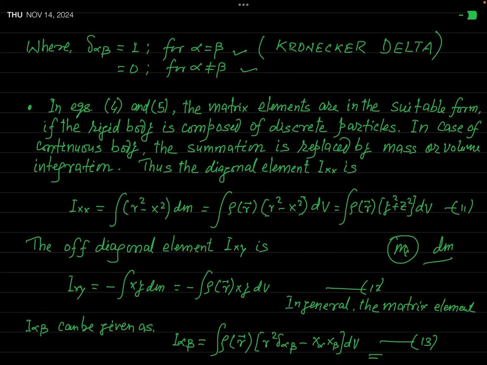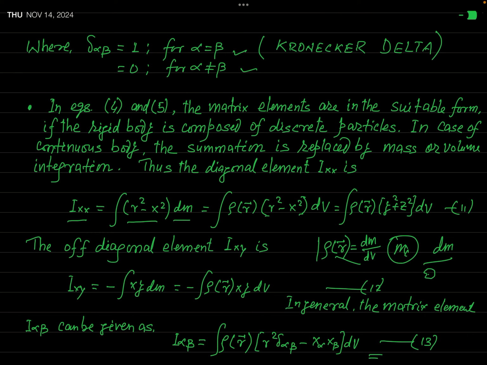So in this condition, the matrix element Ixx is defined as the integral of (r square minus x square) dm. But you know, if rho is the density of this body at a position r, then this density will be equal to dm divided by dv, where dv is the elementary volume at position r. So dm will be equal to rho times dv.